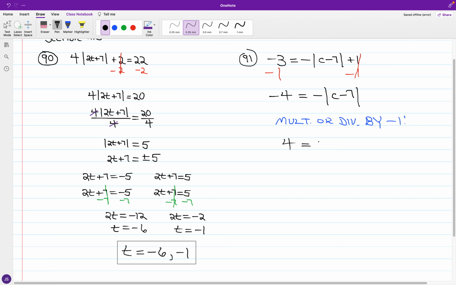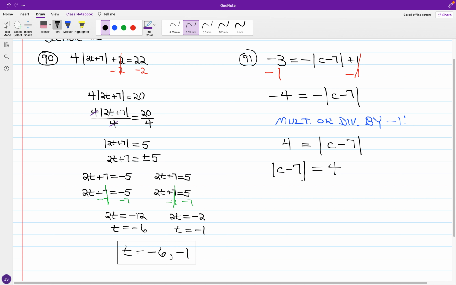The negative of the absolute value of c minus 7 is now just the absolute value of c minus 7. I'm also going to switch the order, putting what is on the left on the right and vice versa, kind of like going from A is equal to B format. So we have the absolute value of c minus 7 is equal to 4.